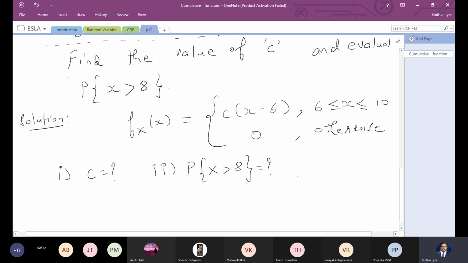Now, how do I find the value of c? Any ideas? Anybody? How can I find the value of c? I'll give you a hint. Look at the properties of the PDF and let me know what we can do. You need to apply one of the properties.